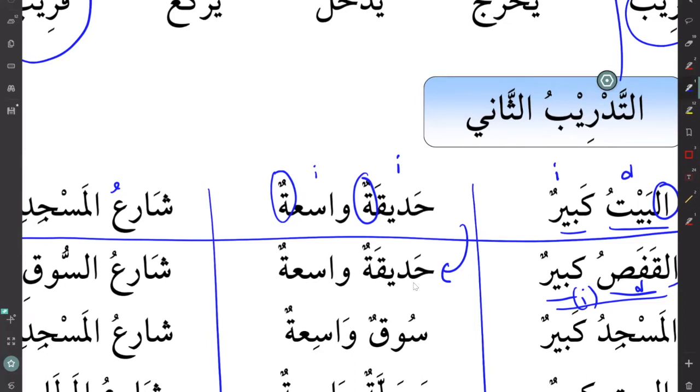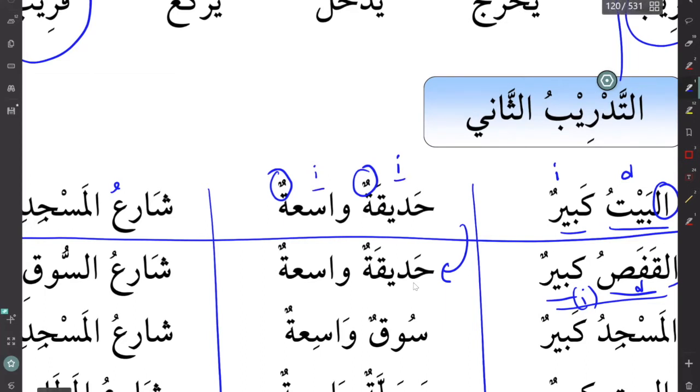And then you also have to check something else, which is what? Whether they have the same grammar, the same case ending. Looks like that is the case. We have tanween of dhamma here, and we also have tanween of dhamma. Okay, and then at the end of the day, it also has to make sense. Okay, so hadiqatun wasi'atun, it means spacious garden or wide garden. Okay, so this is how we know it's an adjective.